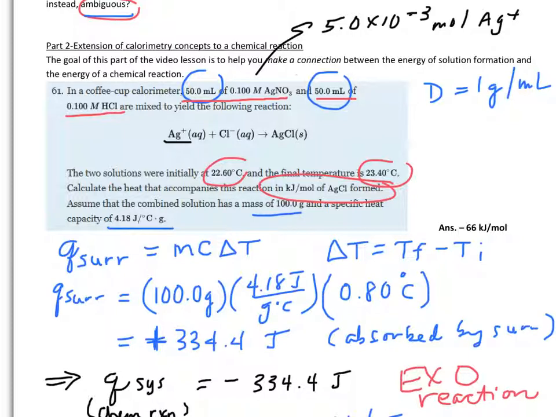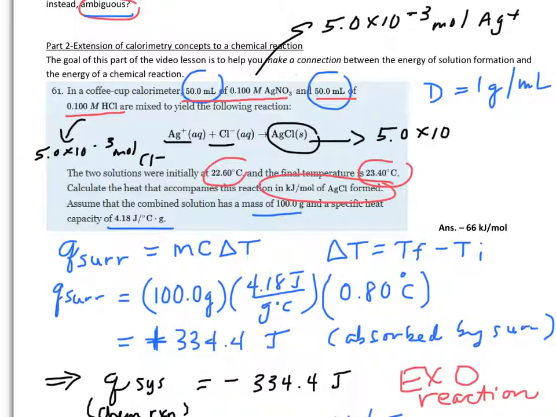And we also have the same moles, 5 times 10 to the negative third moles of chloride ions participating in the reaction. They react in a 1-to-1 ratio, and they produce the precipitate in that same ratio. So that means that we're going to also produce 5 times 10 to the negative third moles of silver chloride.